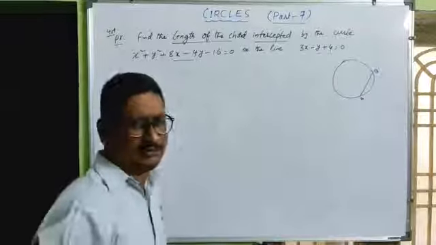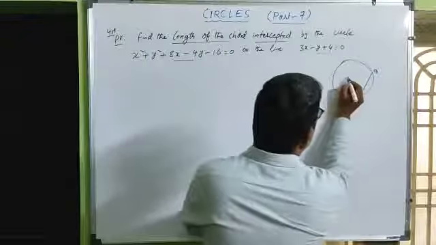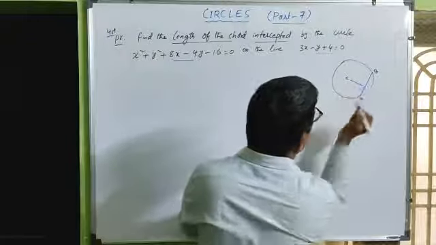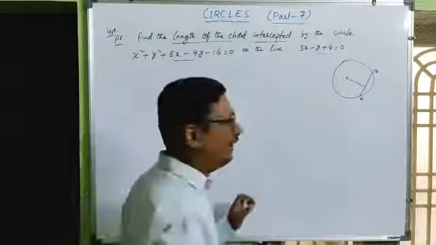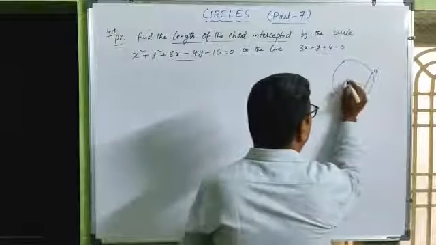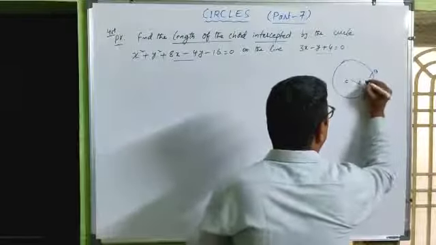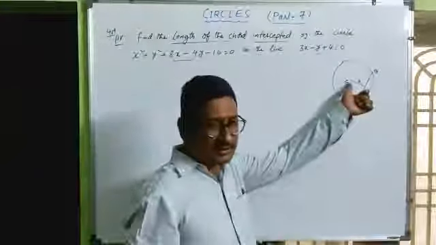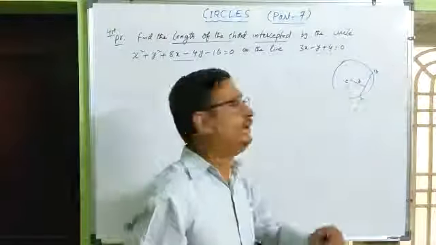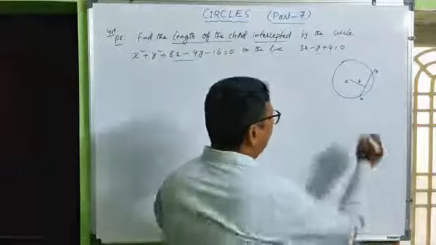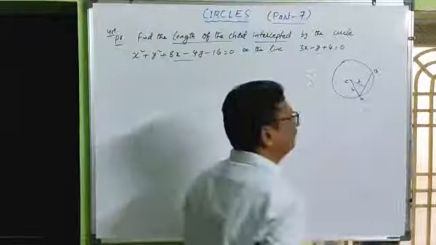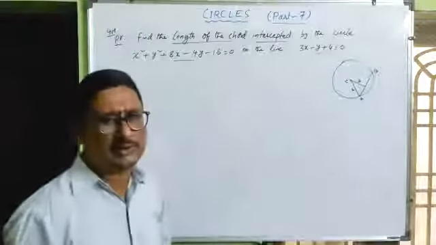Now if you draw a perpendicular from the center onto this chord, the length of the perpendicular will be denoted by D. So the length of the perpendicular from the center onto the chord is D. And if you join C and A, this will be the radius of the circle.